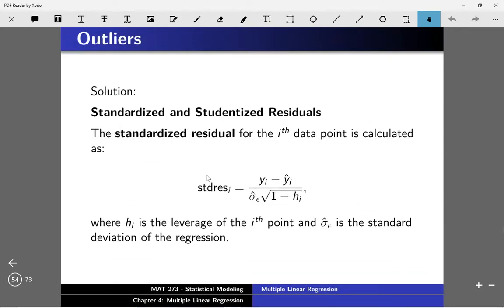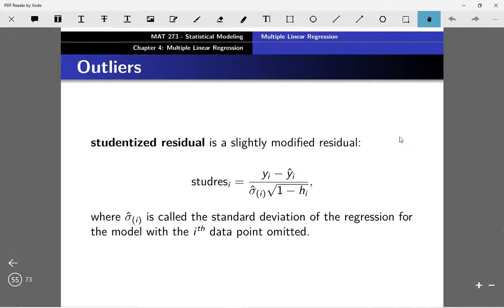And so this was a standardized residual, very similar name, but a slightly different formula. We have this studentized residual. Again, we have the typical residual in the numerator. And then in the denominator, this time we still divide by the standard deviation of the regression, but we calculate it when we remove the ith point.